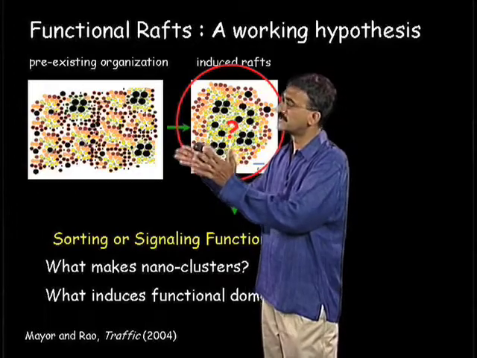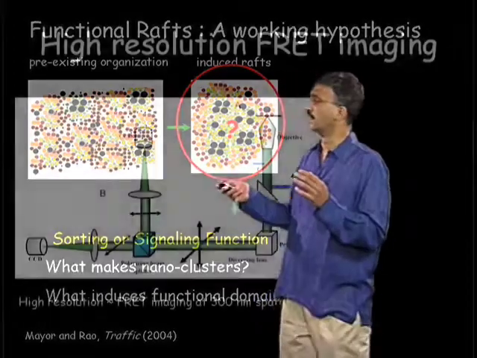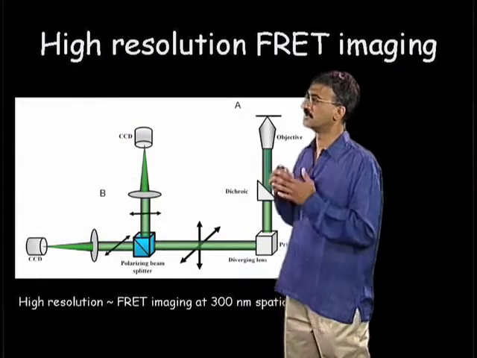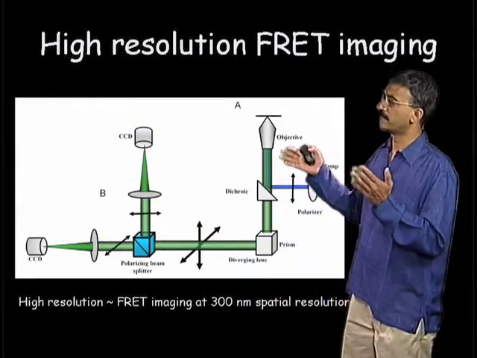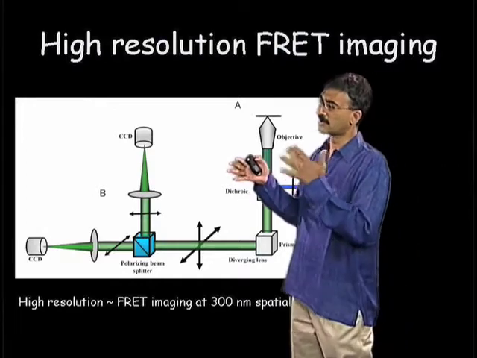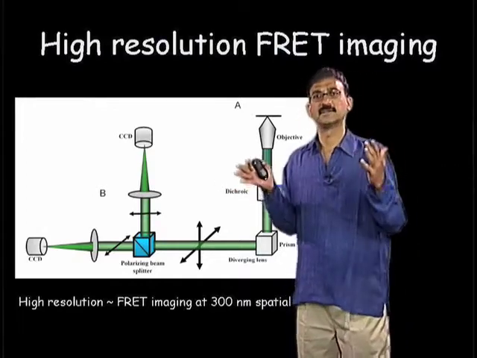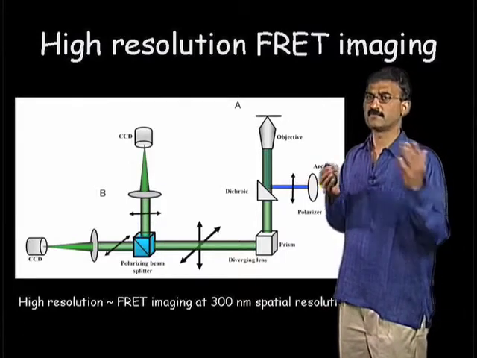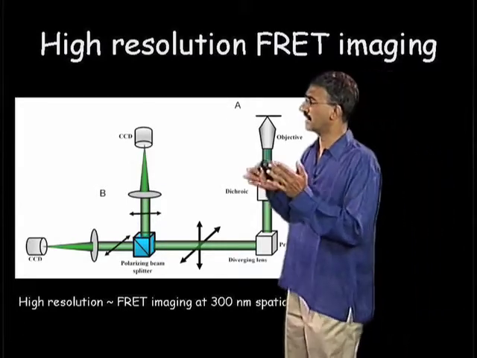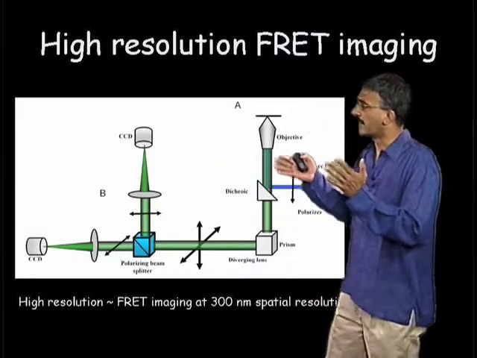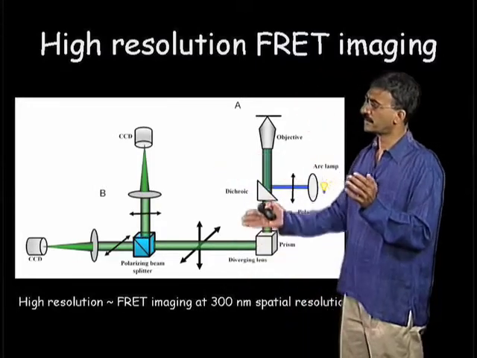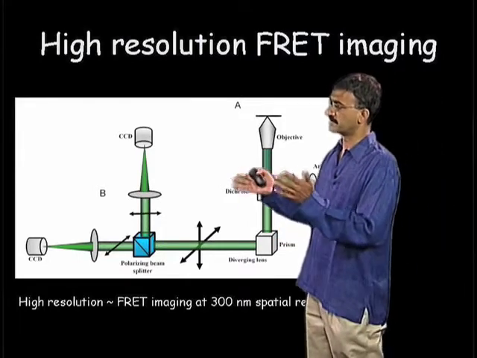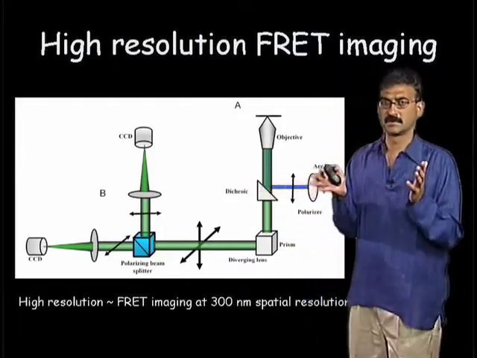We've begun to image them at much higher resolution using a high resolution FRET imaging technique, where we are able to map the FRET using this HOMO-FRET technique that we had developed in the previous iBio seminar segment, at much higher spatial resolution. So the spatial resolution that we have now achieved is about 300 nanometer resolution.